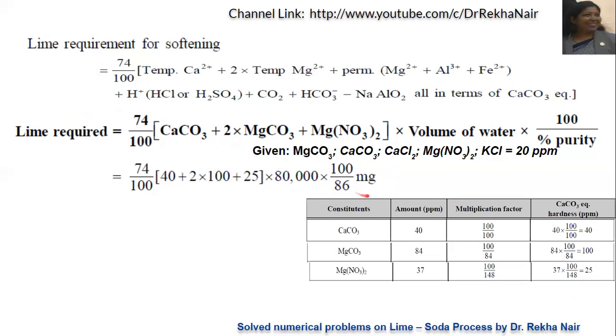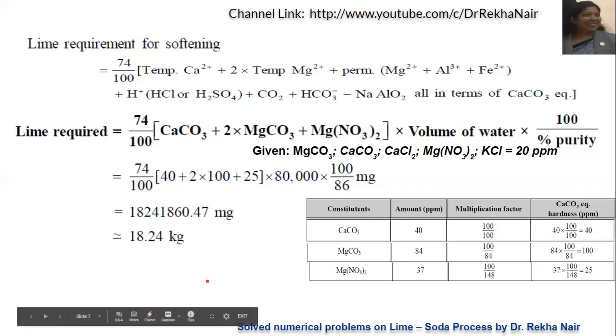The amount comes out in milligrams as 182,241,860.47 milligram. We can convert it into kg by dividing by 10 to the power 6, so 6 places to the left gives 18.24 kg.